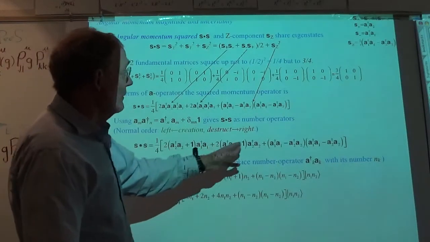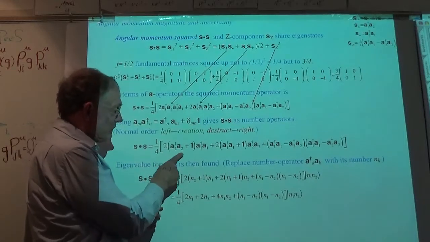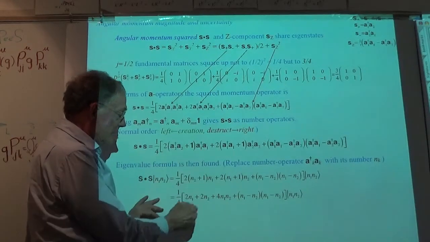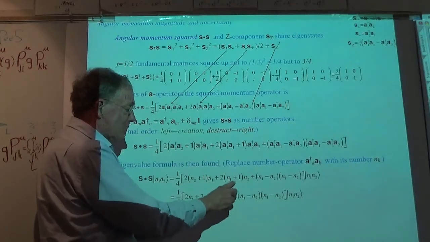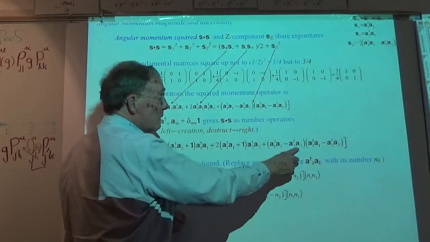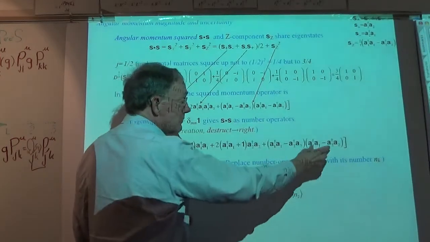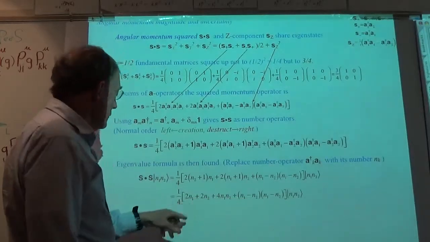It's all number operators. I'm going to get an N2 plus 1 here times an N1, a factor of 2. Same thing here: N1 plus 1 times N2. Then this thing is just N1 minus N2 twice. So there's your eigenvalue for S squared.